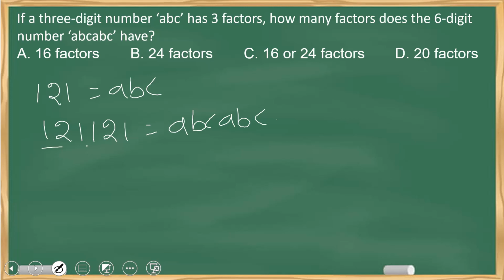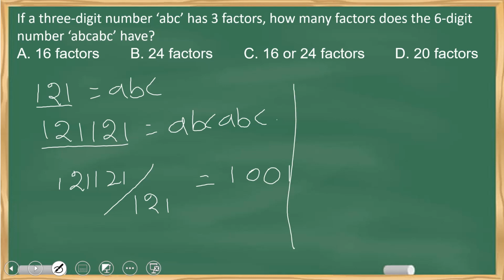So how will you get this number from this number? 121121 divided by 121, you will get the answer 1001. So ABC into 1001 is equal to ABCABC.